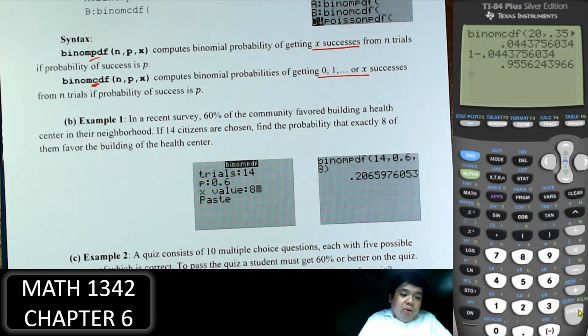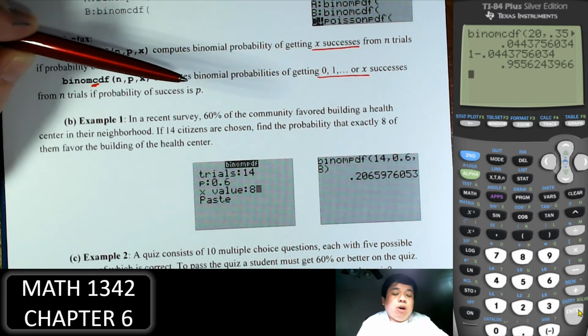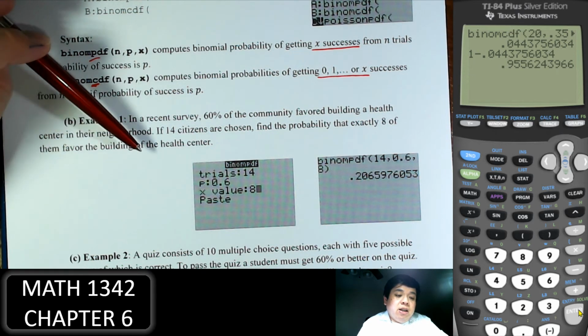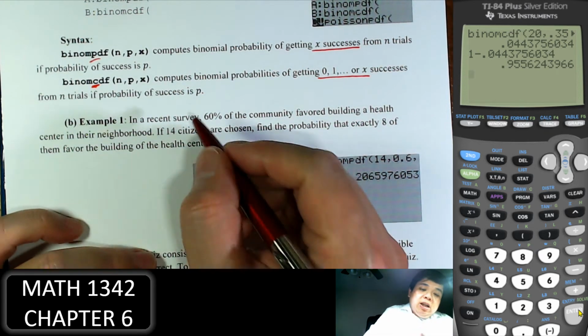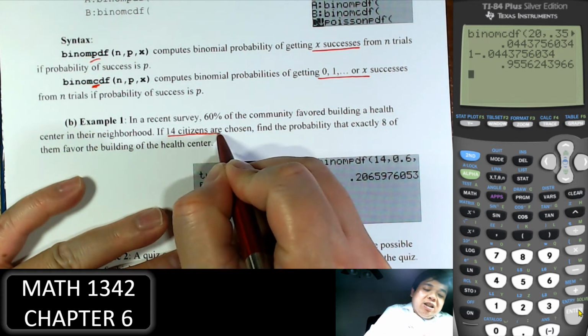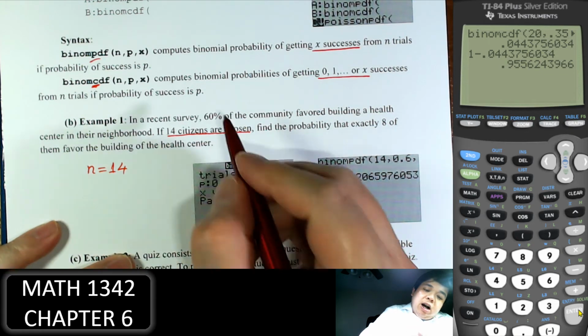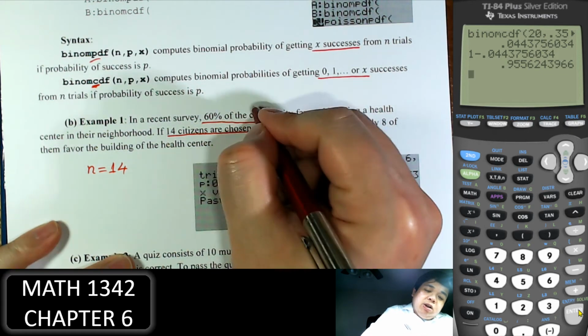Now, in a recent survey, 60% of the community favor building a health center in their neighborhood. 14 citizens are chosen. Find the probability that exactly 8 of them favor the health center. So when we look at this, 14 citizens are chosen, so n is equal to 14. 60% in favor, so p is 0.6.